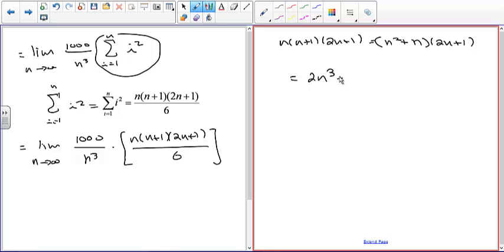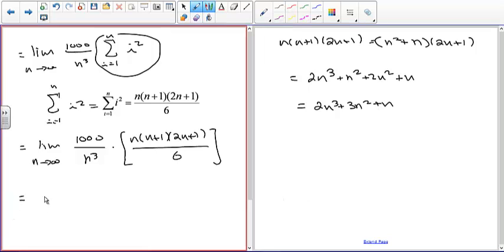Then FOIL, so outer is n squared. Inner is 2n squared, and last is n. So if we combine like terms, we get 2n cubed plus 3n squared plus n. Okay, so now we can go ahead and put that into this equation.